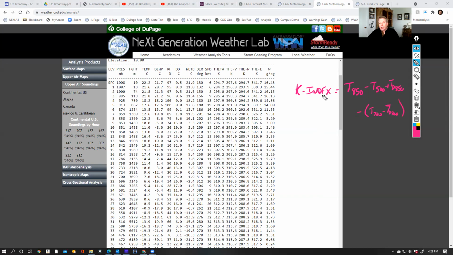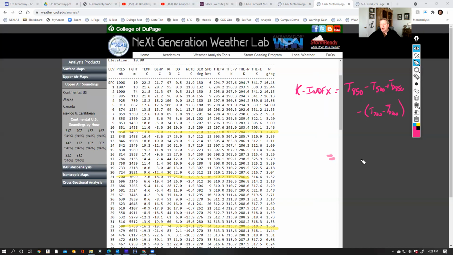So I need to look at the values here. Okay, wait a second, let's do this. I'll go to yellow. Here's 850. Here's 700 because I'm going to need that, and here's 500 down here. Okay, what's the temperature at 850?